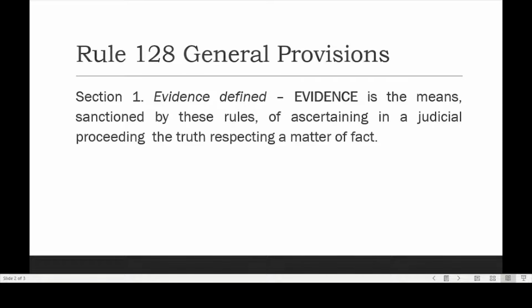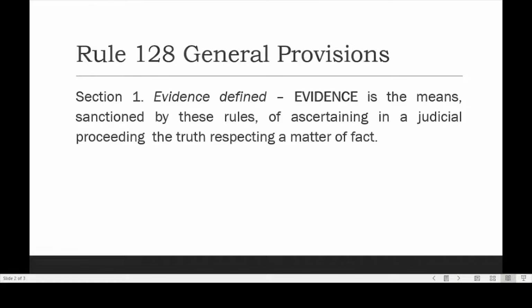Evidence is the means sanctioned by these rules of ascertaining in a judicial proceeding the truth respecting a matter of fact. Like if we want to establish that A murdered B, we have to present evidence showing that A killed B.